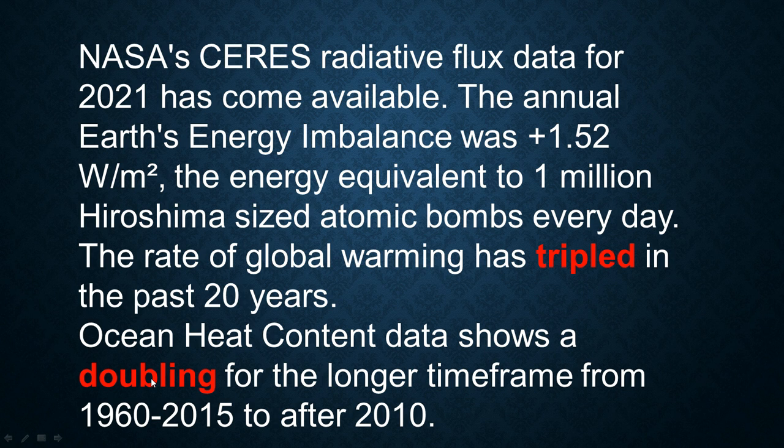Keep in mind, specific heat of water: ocean heat content is doubling, global warming is tripling. And now it's said that the Arctic is warming 4 times faster than the rest of the planet, 3 to 4 times, maybe even 5 times in certain locations, like what I showed you around the Barents Sea.